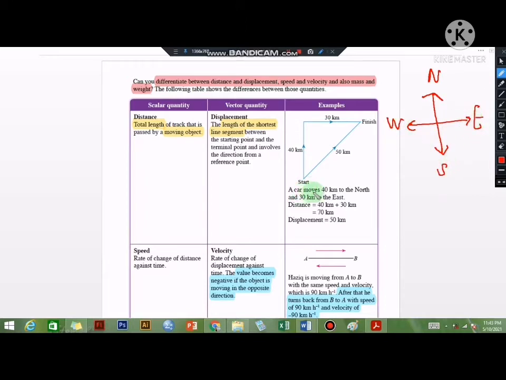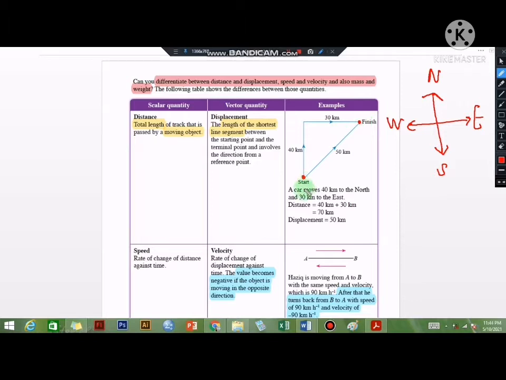So a car moved 40 kilometers to the north, to the upright, and then after that, the car moved 30 kilometers to the east. This is the starting point and this is the finish point. For distance, distance is the total length of a moving object, so the object moved from here, to here, and then here.